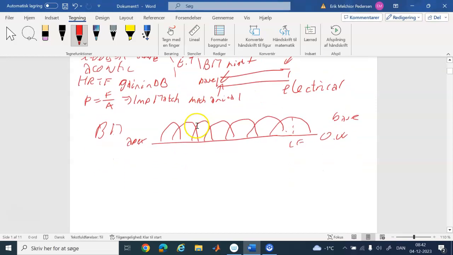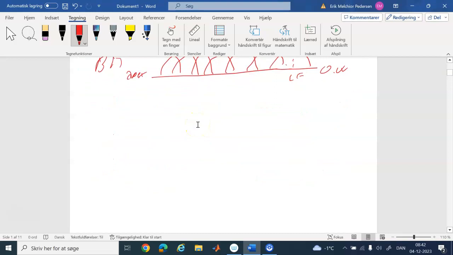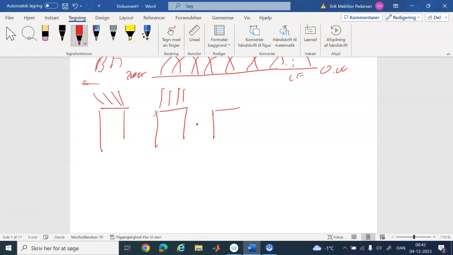We come to the inner hair cells, still in the organ of Corti, and the cilia bend this way, here in the middle, and this way.